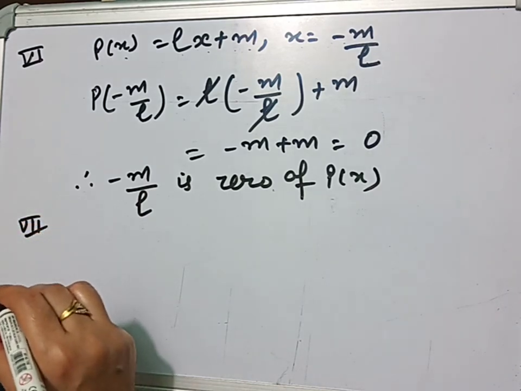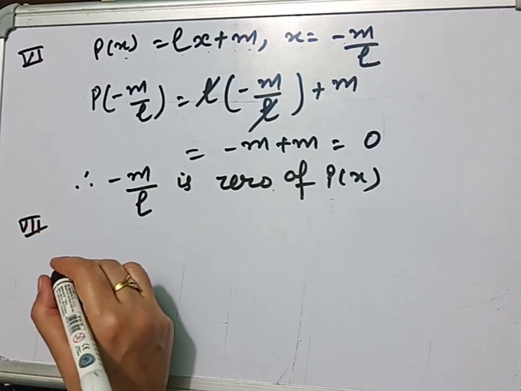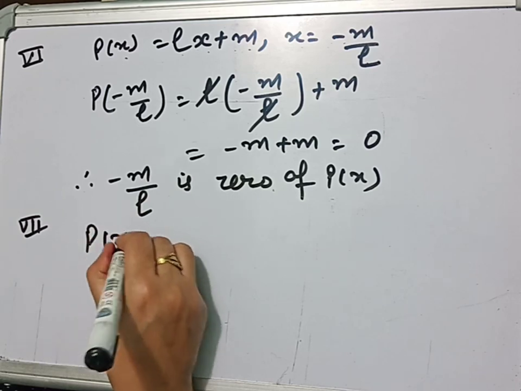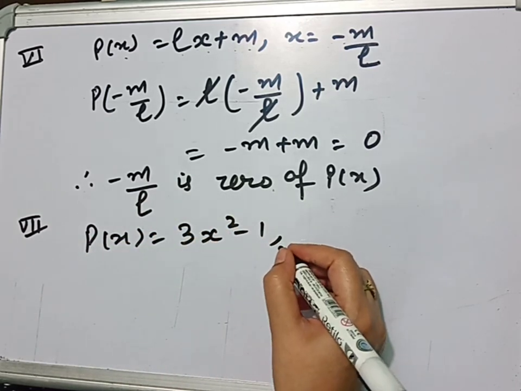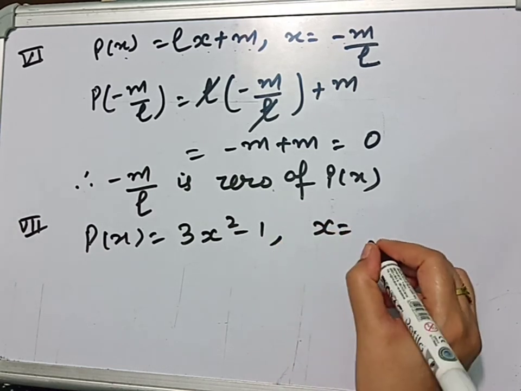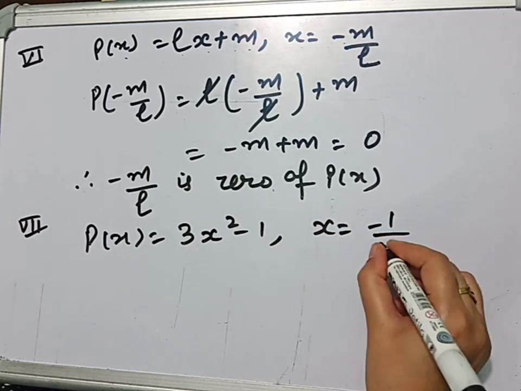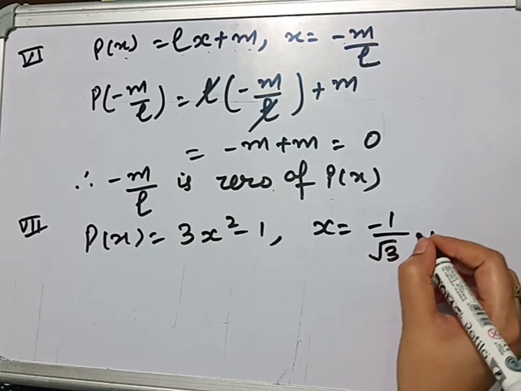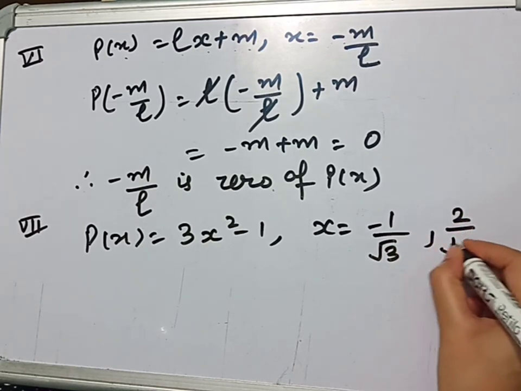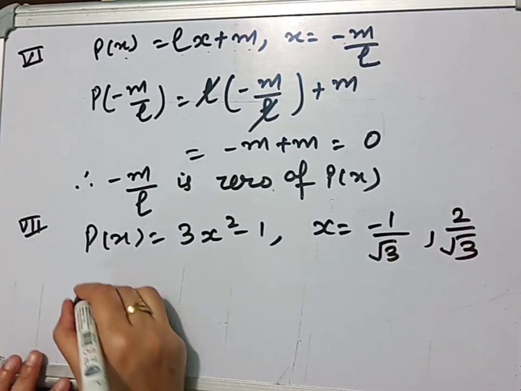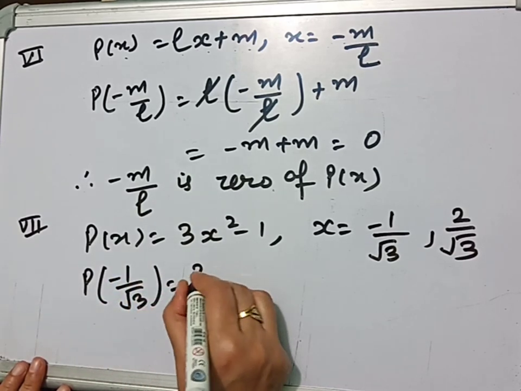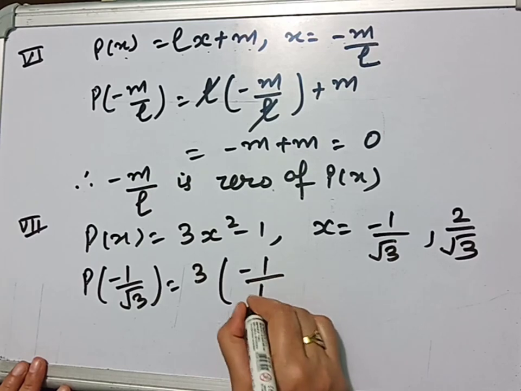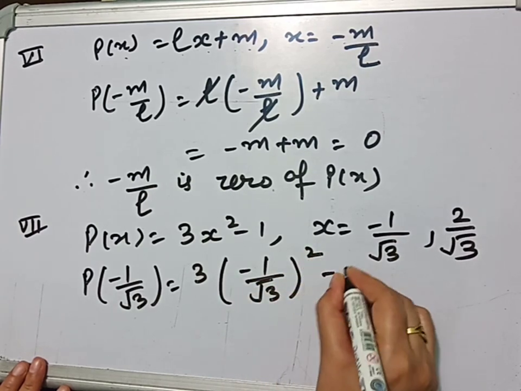Seventh part is p(x) is equal to 3x square minus 1 and the values of x are minus 1 over root 3 and 2 over root 3. Now p(minus 1 over root 3) is 3 into (minus 1 over root 3) square minus 1.